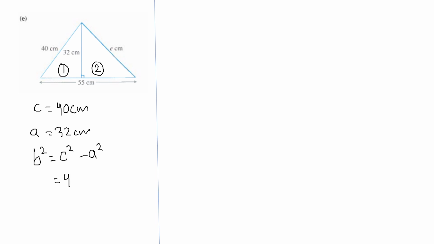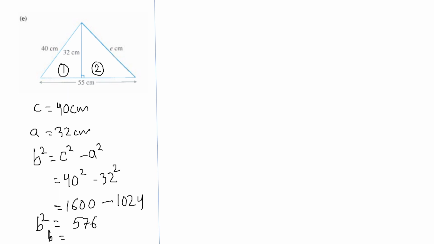I have 40 squared minus 32 squared, that is 40 squared is 1600, right? 40 squared is 1600 minus 32 squared is 1024, and when subtracting these I get 576, right? Now I will find B, that is 576 is a perfect square and root of 576 is 24, right? 24. I will write the unit as centimeter.